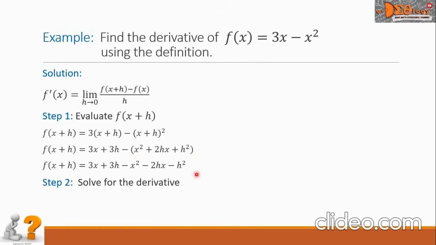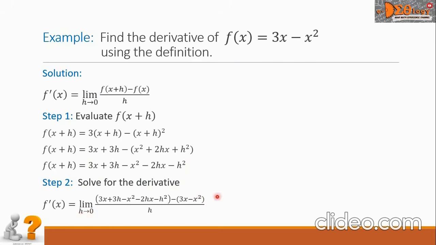Let us now substitute the corresponding values into our formula. So we have f prime of x equals the limit of this function, f of x plus h, which is the value that we solved from step 1. So we have this big polynomial we will write here, minus f of x, the given function, 3x minus x squared, all over h as h approaches 0.